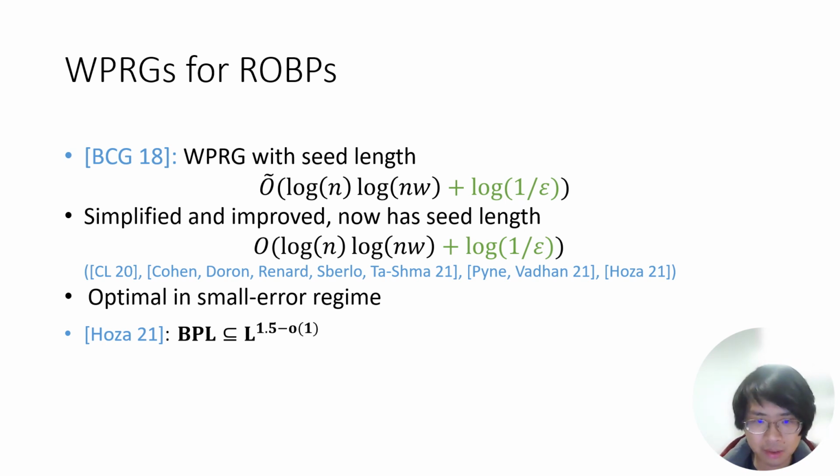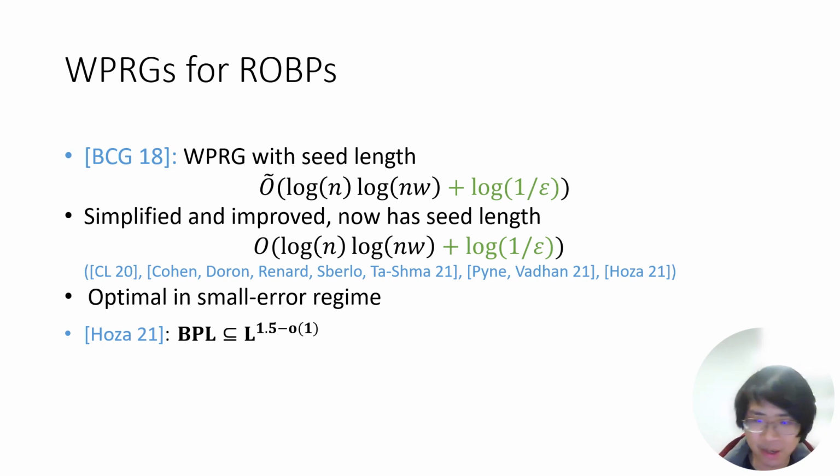A really interesting application of this line of work is that Hoza shows that BPL can actually be made deterministic with space slightly better than log^1.5. I think it's only better than Saks and Zhou's result by some square root log factor, but it's still an improvement over a decades-old result.